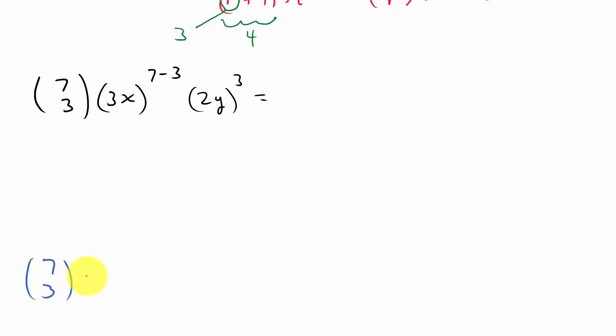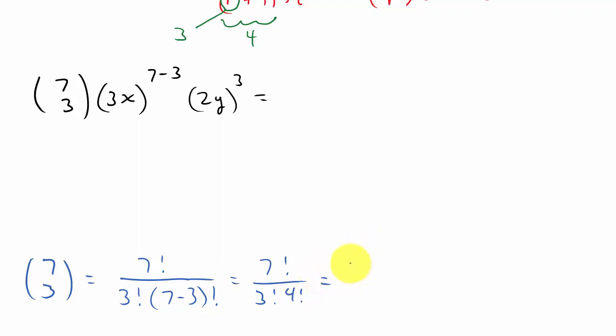7 choose 3. Remember that's n factorial over r factorial times n minus r factorial. So this is 7 factorial over 3 factorial times 4 factorial. Let's simplify. We get 7 times 6 times 5 times 4 times 3 times 2 times 1.